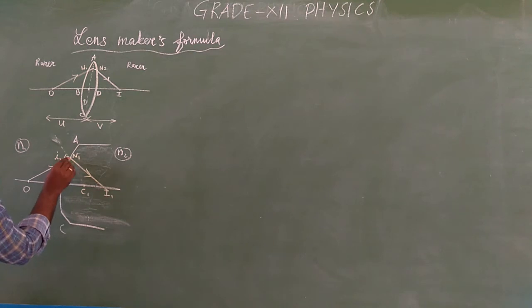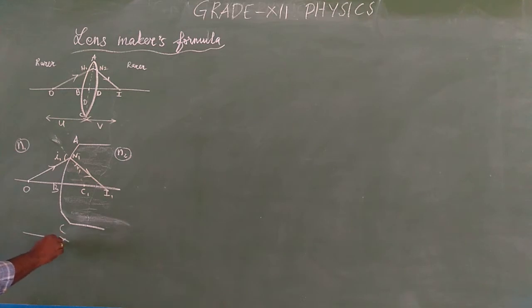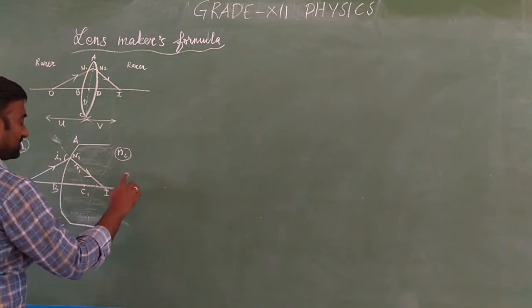Then from the normal, the refracted ray makes the angle of refraction. Already we know the position of the point object from the lens is the object distance, and the position of the image from the lens is the image distance, V1. So this is the refraction for the first spherical surface.